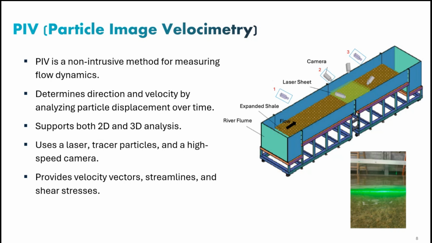So to study the fluid dynamics in the flume, we used particle image velocimetry, or PIV. The PIV system is a non-intrusive method for measuring the fluid dynamics in a system.